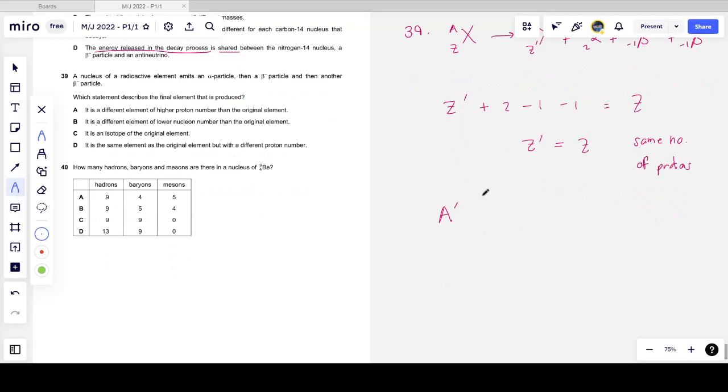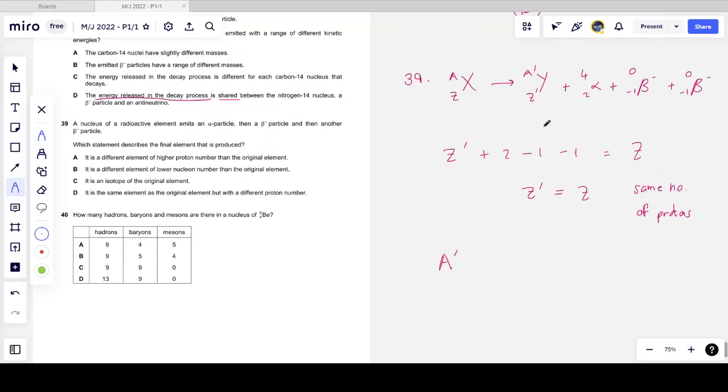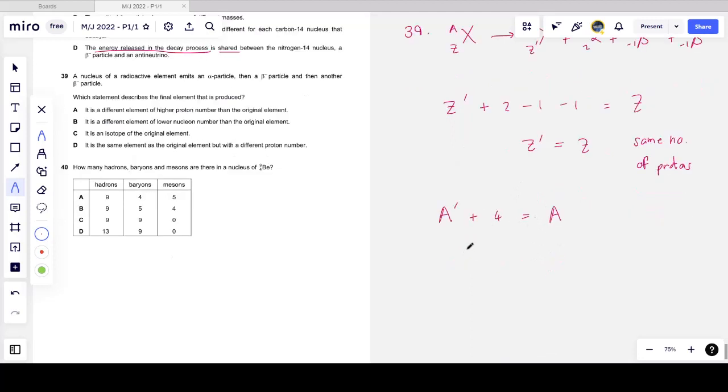The nucleon number, though, on the right-hand side rather, is A prime plus 4, and on the left-hand side is A. And so what I get is A prime is A minus 4.